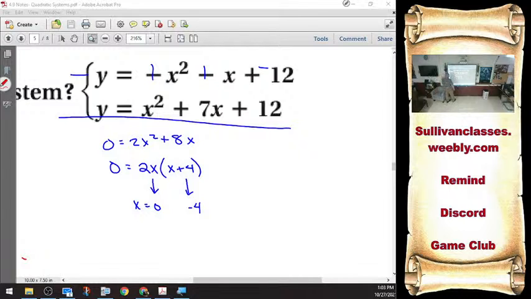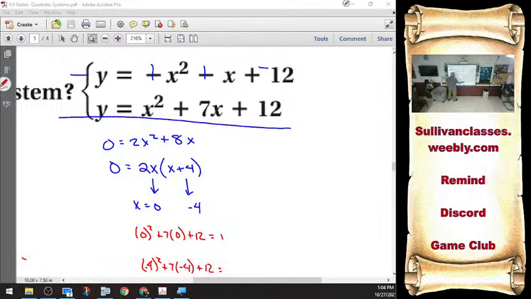Some people would go for this one because it's got smaller numbers. I'm going to prefer this one because of the positive coefficient. And say 0 squared plus 7 times 0 plus 12. And negative 4 squared plus 7 times negative 4 plus 12.